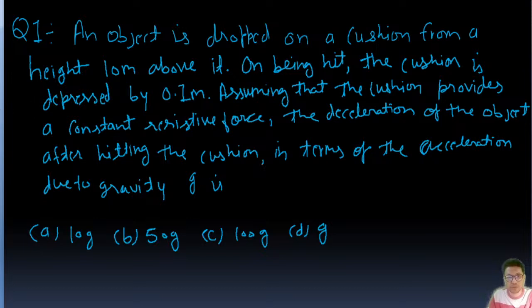I'm going to solve it now for you. The question is, an object is dropped on a cushion from a height of 10 meter. On being hit, the cushion is depressed by 0.1 meter, assuming the cushion provides a constant resistive force.